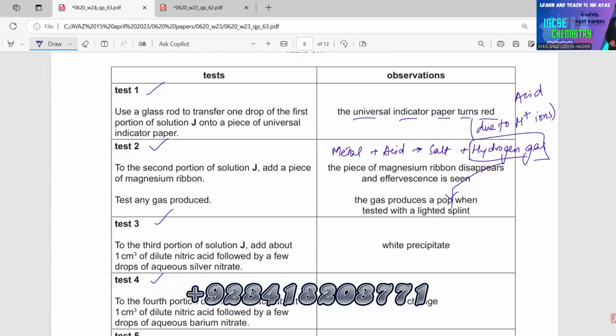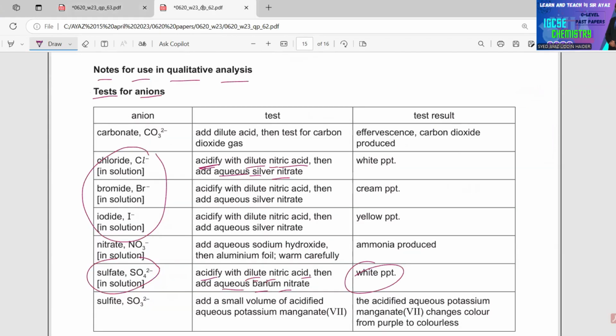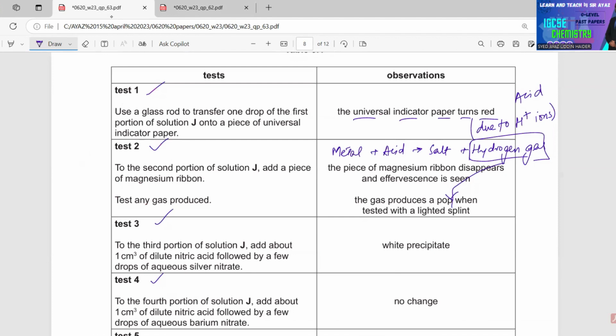Third portion, they are saying nitric acid followed by a few drops of aqueous silver nitrate. If you look at the list of the anions, this is the test for chloride ion. It gives a white precipitate. So it must have chloride ions, Cl- ions. What about the fourth?